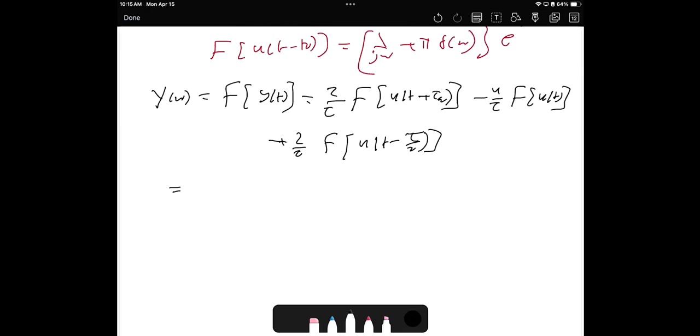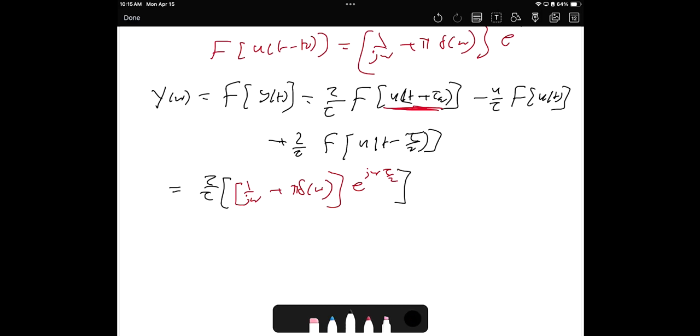So the first term, tau over 2, Fourier transform of the first term, u of t plus tau over 2. This is going to be 1 over j omega plus pi delta of omega, all of it times e power j omega tau over 2.